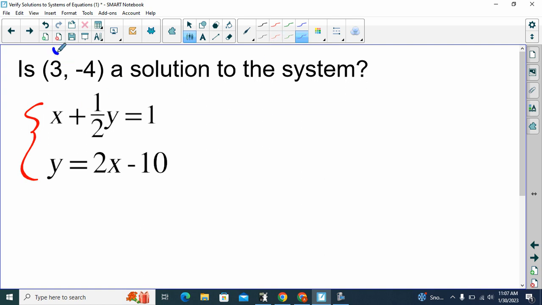So my x is 3, my y is negative 4. 3 in for my x, negative 4 in for my y. 1/2 times negative 4. Positive times negative is minus. 1/2 of 4 is 2. 3 minus 2 gives me 1. It works in my first one.